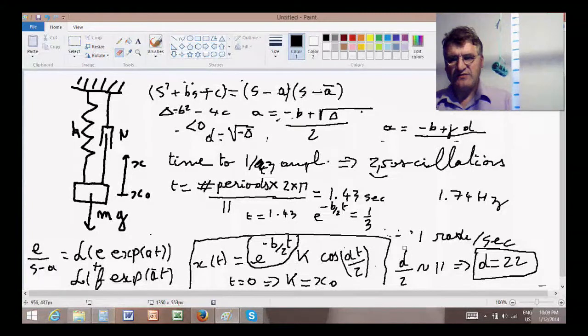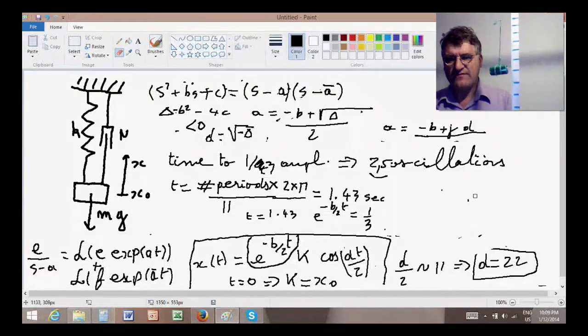So, if we simplify all this, let's save d for the value it has because it's very important for the future.